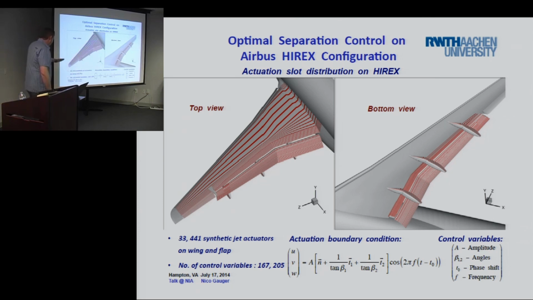And we have an angle alongside and perpendicular to the slit. This is beta 1 and beta 2. And we allow to change the frequency of the pulse actuation, and we allow a phase shift in this pulse actuation. Geometry is fixed.